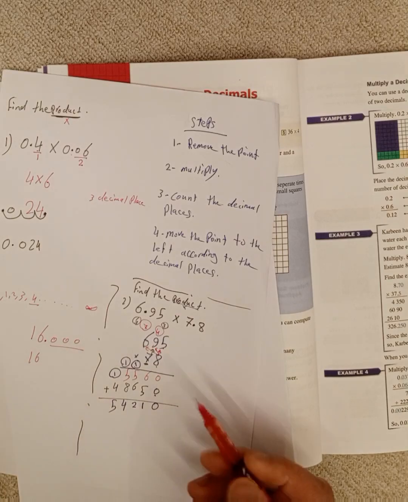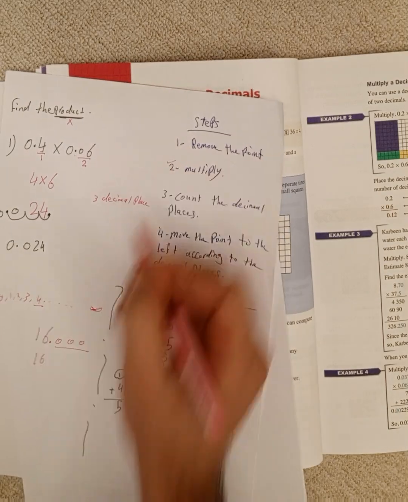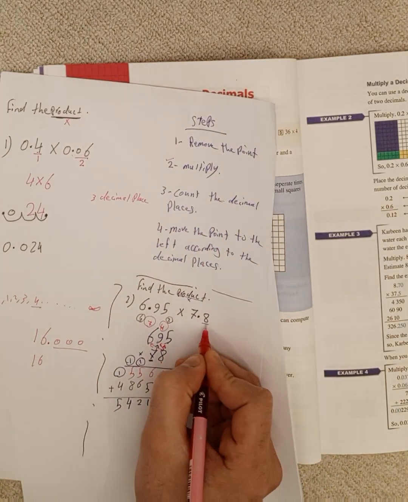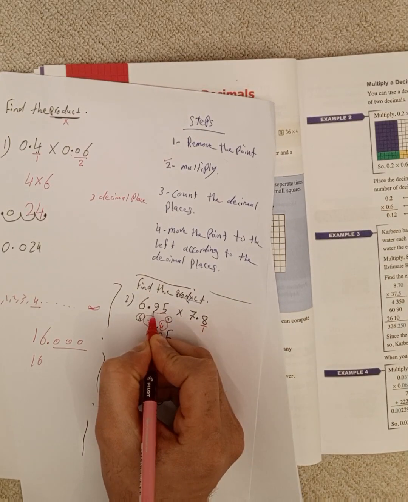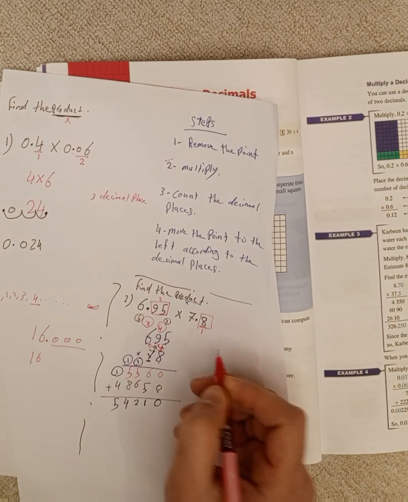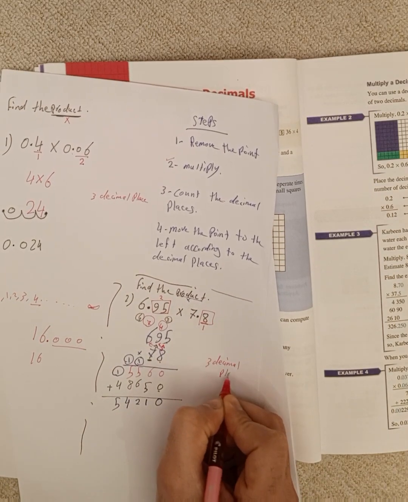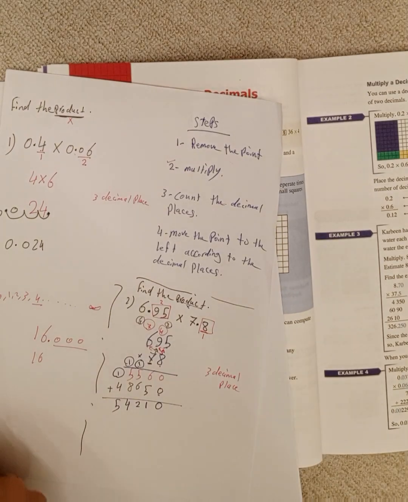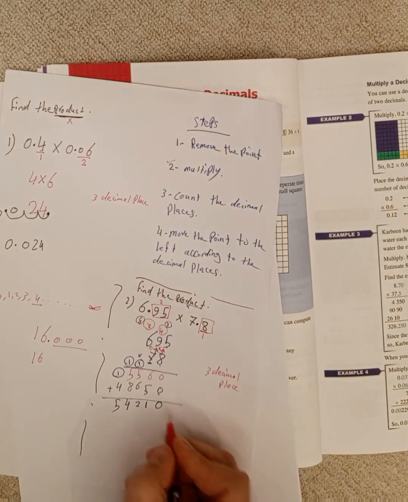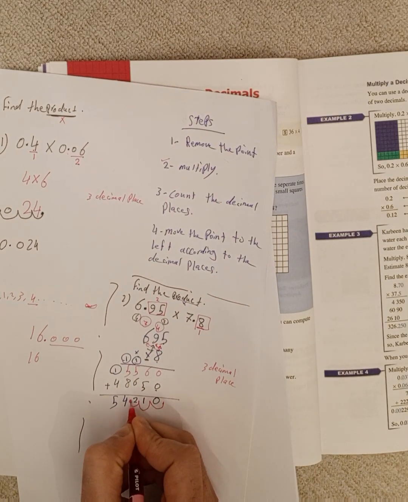Okay? So we multiplied these two numbers. We did the second step. The third step, count the decimal places. One number here and two decimal places there: it's gonna be 3 decimal places. Now move the point to the left according to the decimal places: 1, 2, 3.